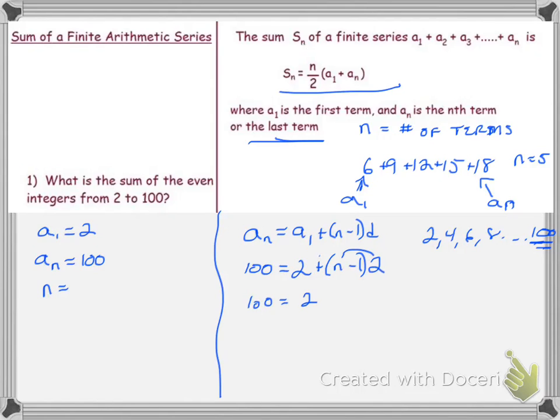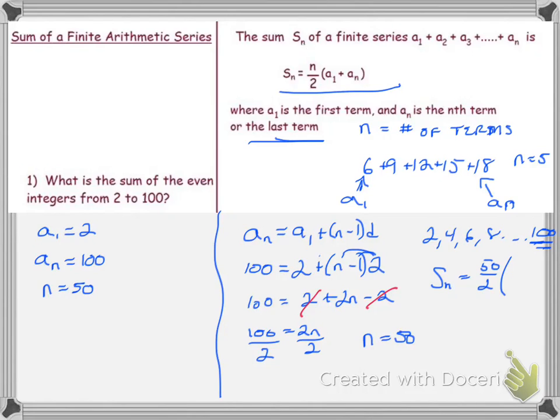So I distribute the 2. That's going to be plus 2n minus 2. The positive 2, negative 2 will actually cancel out in this case. 100 is equal to 2n. And I'm going to divide by 2, and n is equal to 50. So now that I have that n, I can find the sum using the formula. My n is 50 divided by 2.